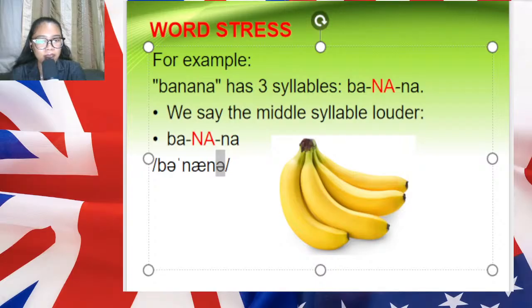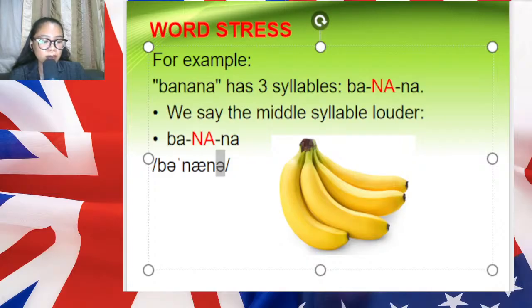The first and the last syllables, ba and na, are unstressed, right? Because the stressed syllable in the word is the middle syllable, the first na. Here, it usually uses the schwa sound. That's why we say banana, not banana with every syllable stressed. Not all are stressed because it sounds so monotonous, right?